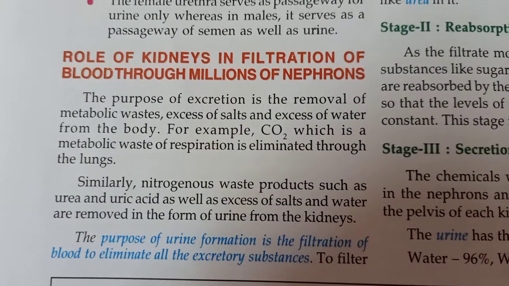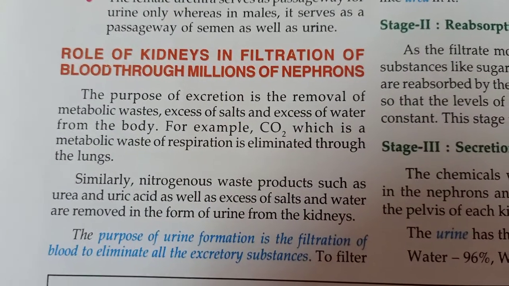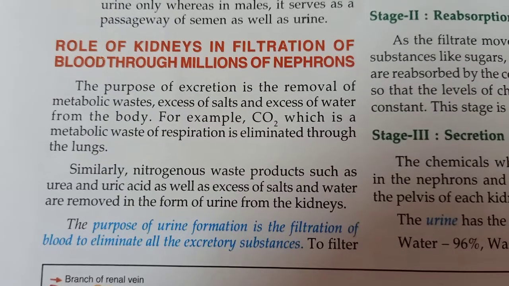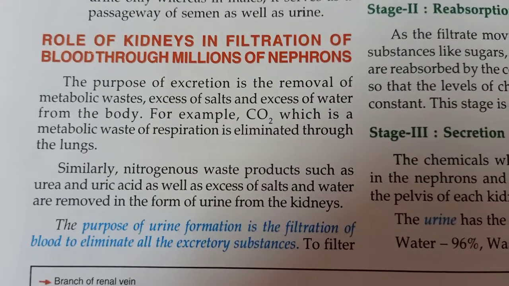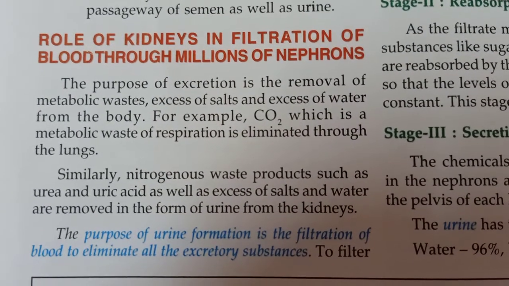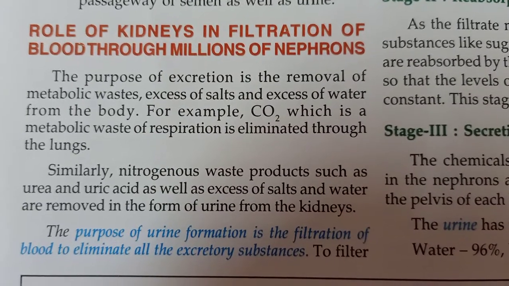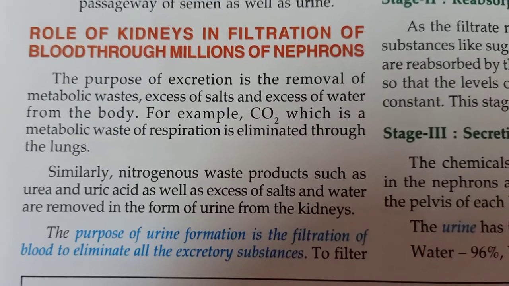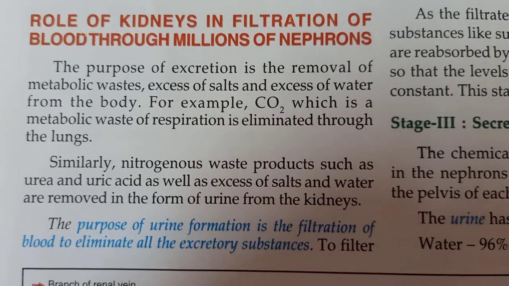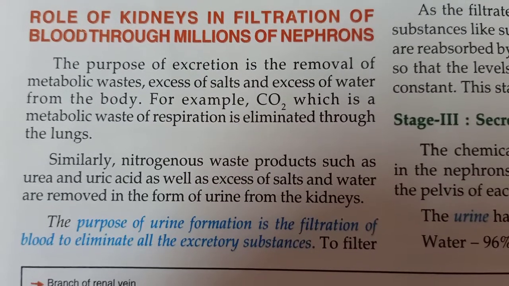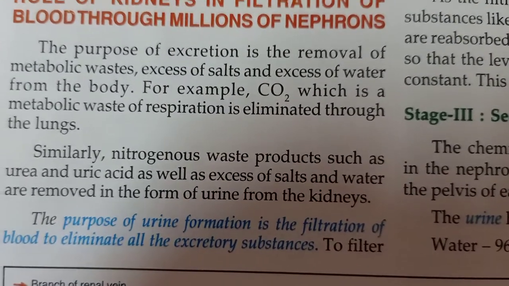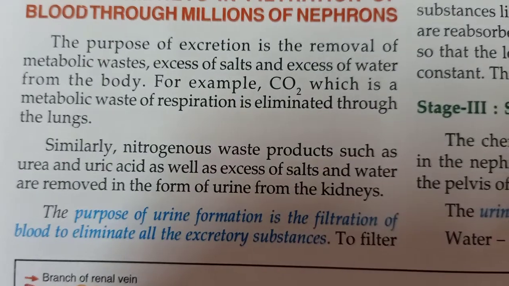Now children, we see the role of kidneys in filtration of blood through millions of nephrons. Nephrons, as I told you, are the small filtering units. The purpose of excretion is the removal of metabolic waste, excess salts and excess water from the body. This we all know, that the purpose of excretion is the removal of harmful substances from our body, the harmful salts and the excess of water.